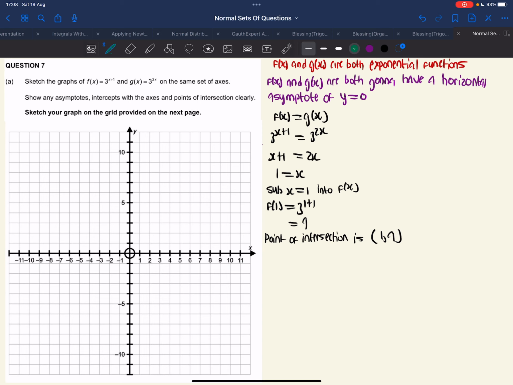Now the next step is finding the intercepts for both functions. Let's try finding the intercepts of f of x first. To find the x-intercept, we let y equal 0, so 0 equals 3 to the power of x plus 1.